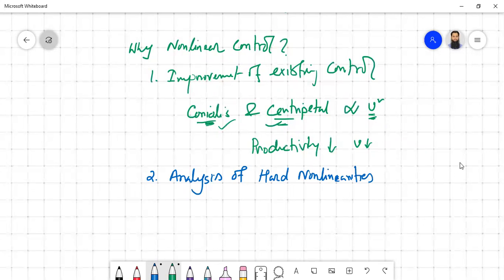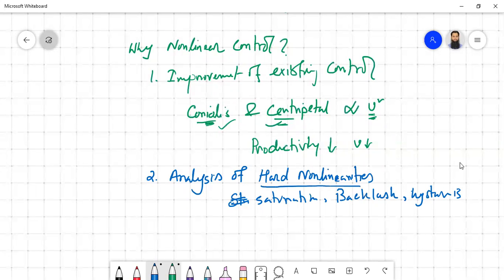Okay, what are those? Maybe some of them we discussed: saturation, backlash in the gears, or hysteresis. Okay, so all these have very sharp changes, basically discontinuous nature of the nonlinearity, and that is why they are known as hard nonlinearities.